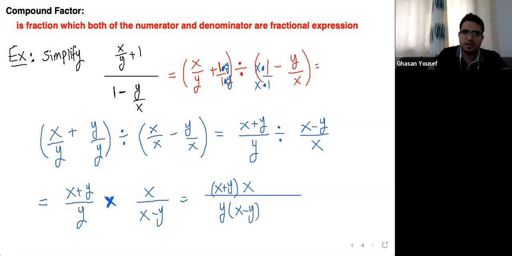I can distribute inside the parentheses and simplify it more, by distributing this x inside the parentheses and this y inside the parentheses. So now I get x times x is x squared plus xy, over y times x is xy minus y squared.